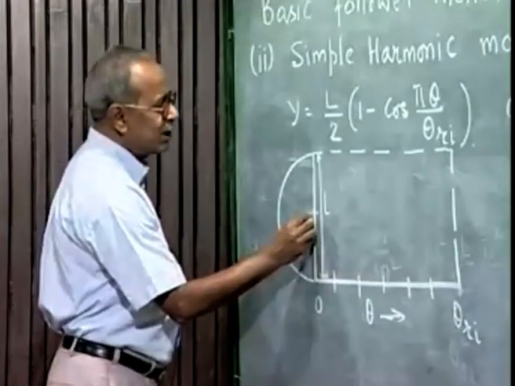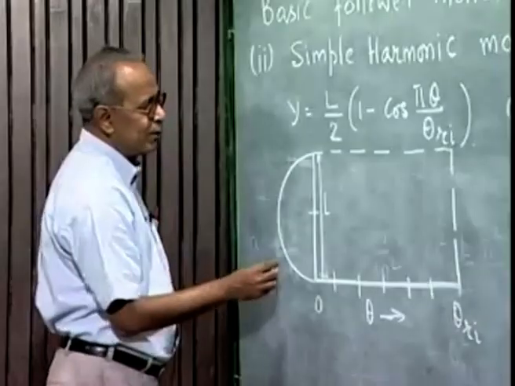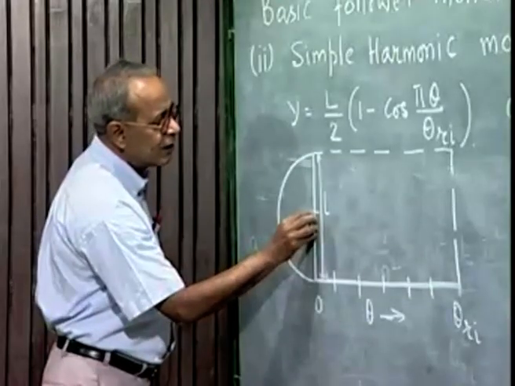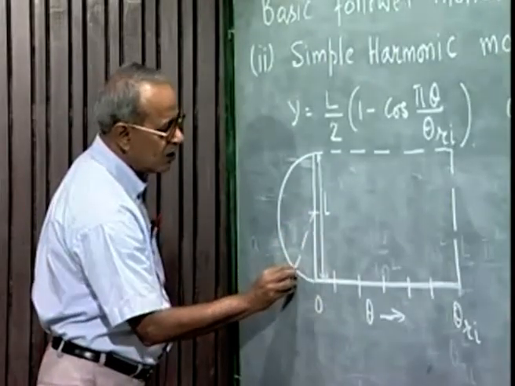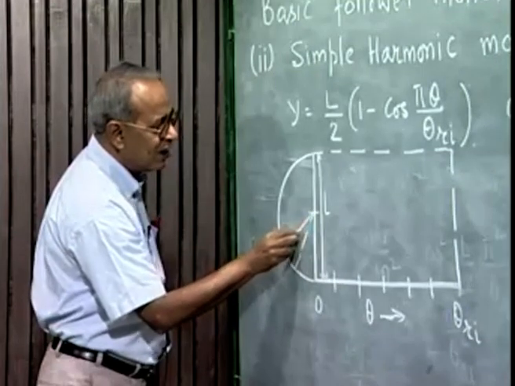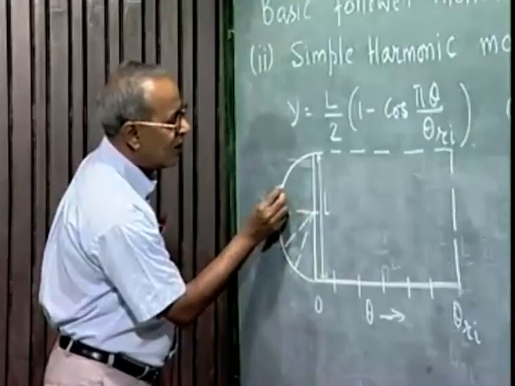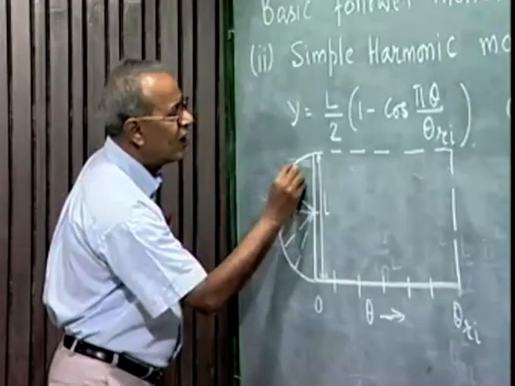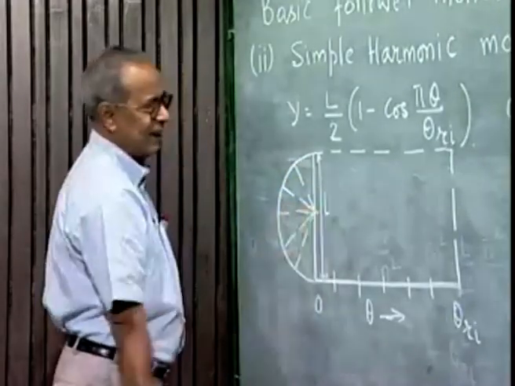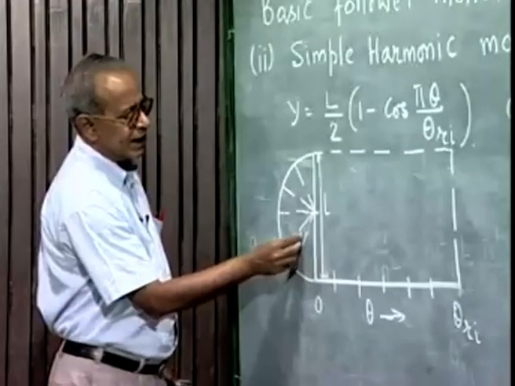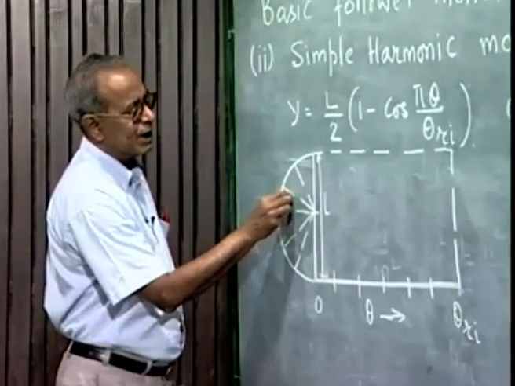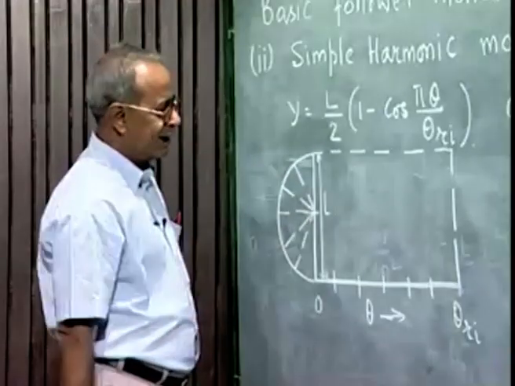Then I also divide this semicircle into 6 equal parts. That means this is 30 degree, 60 degree, 90 degree, 120 degree, 150 degree and 180 degree.